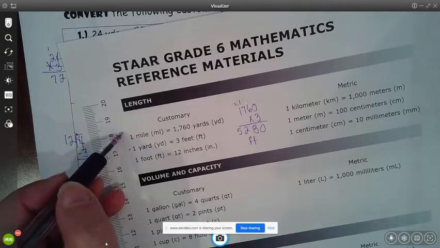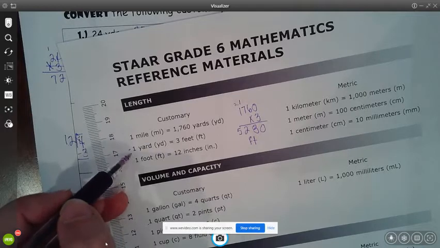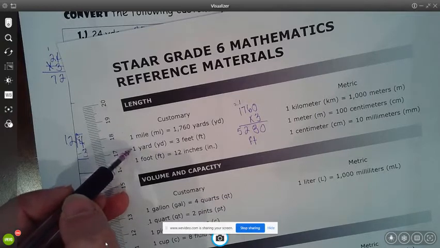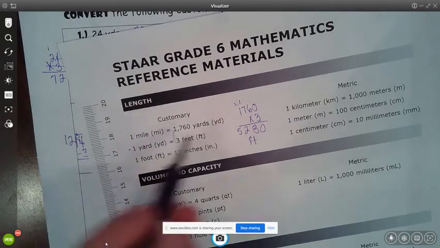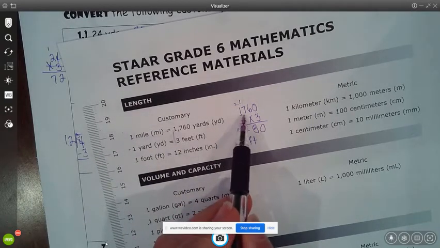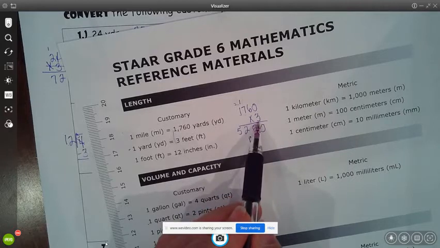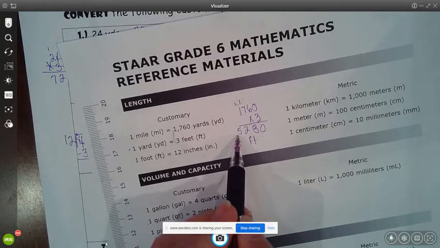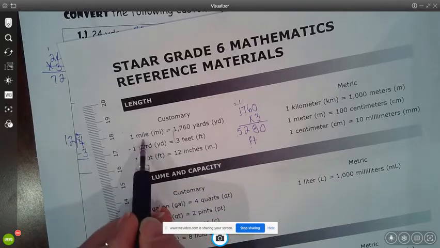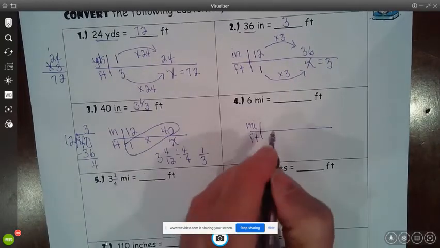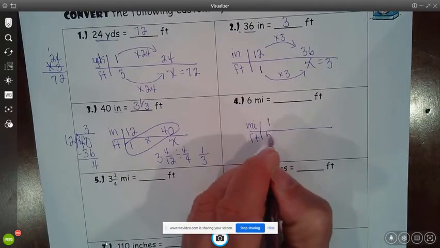So like you learned in 5th grade, if you're here and you need to get up here, you're going to multiply up. And so that's what I did here. 1,760 times 3 gives us 5,280 feet. So 1 mile is 5,280 feet. So I'm going to plug that here.